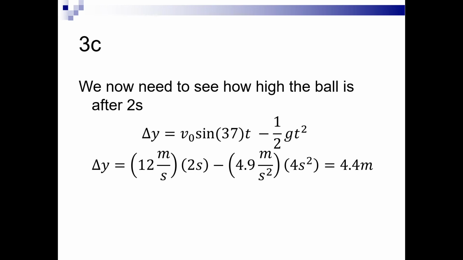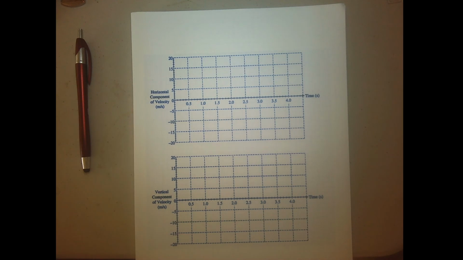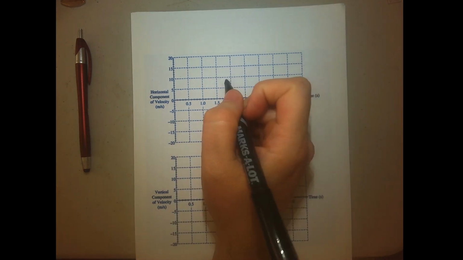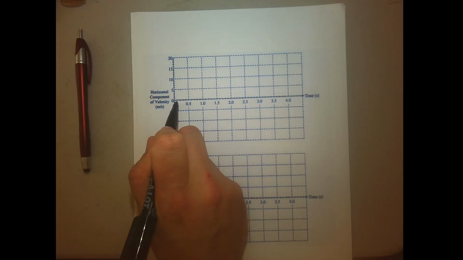So then it's asking to graph the velocity of the horizontal and vertical components. So I decided to do that once again. Nice thing, the horizontal velocity is constant at 16. Now, if you look at each of these, so like this would be 0.5, this would be 0.1.